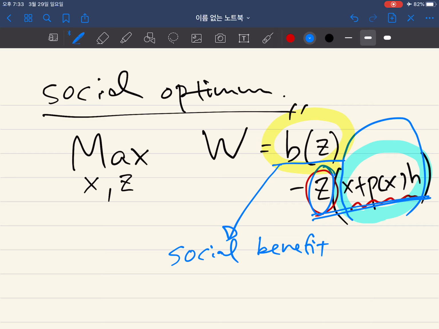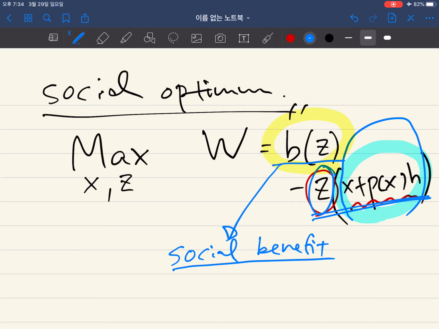So this yellow part is social benefit, and the rest is social cost. One thing to comment here: this social benefit part is BC, the benefit from activity. And who obtains benefit from activity? It is the injurer. So in our social welfare, social benefit is the injurer's benefit from activity.